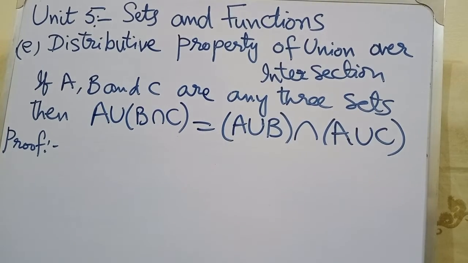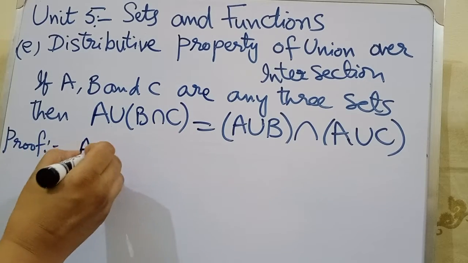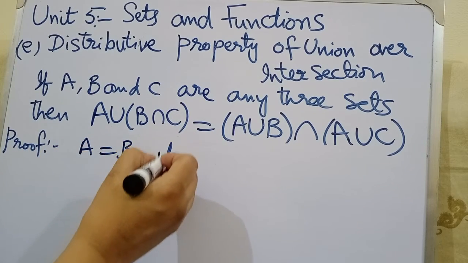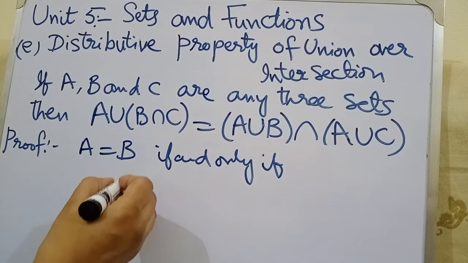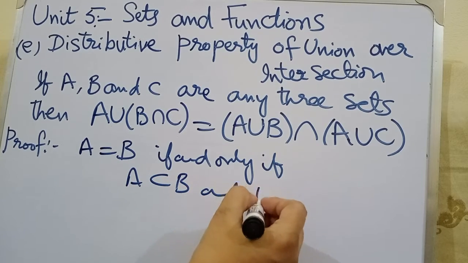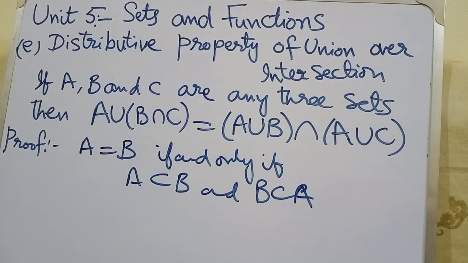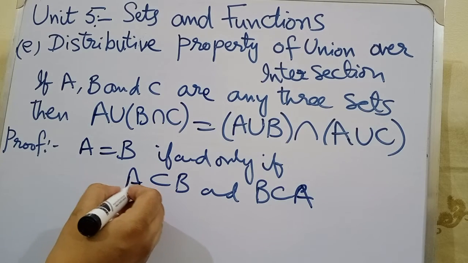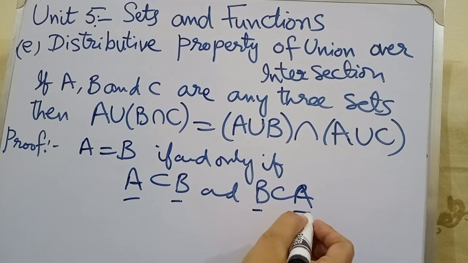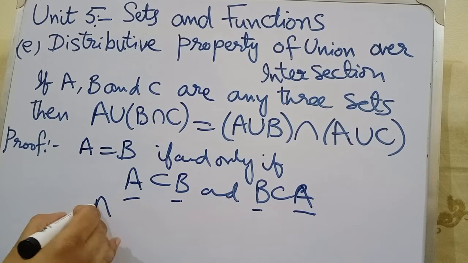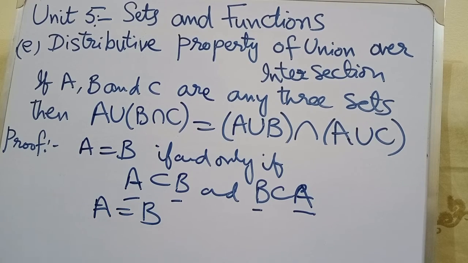It means that two sets A and B are equal if and only if A is a subset of B and B is a subset of A. We can say that every element of set A is an element of set B and every element of set B is an element of set A. Then this shows that set A is equal to set B. So we will try to use this definition to prove that left hand side is equal to right hand side.